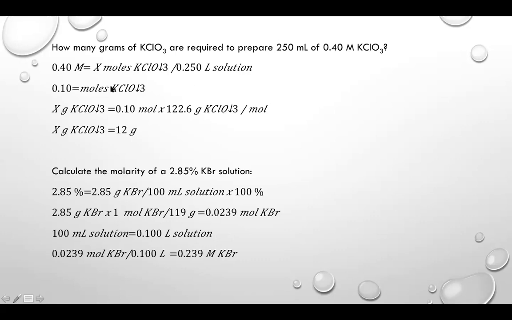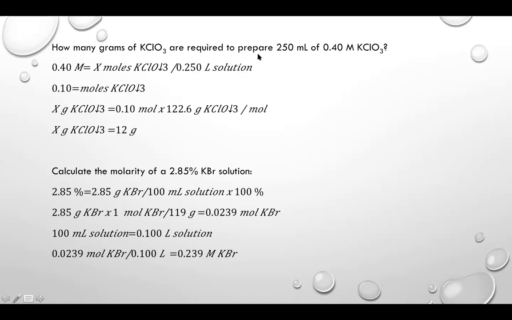So to set up our equation, we're going to put 0.40 moles on the left side. We'll have X moles of perchlorate, because that's what we want to know, that's our unknown, and we'll divide it by 0.250 liters of solution.